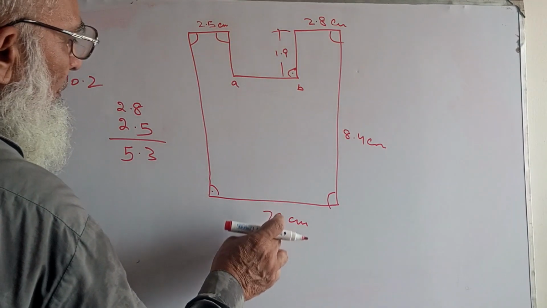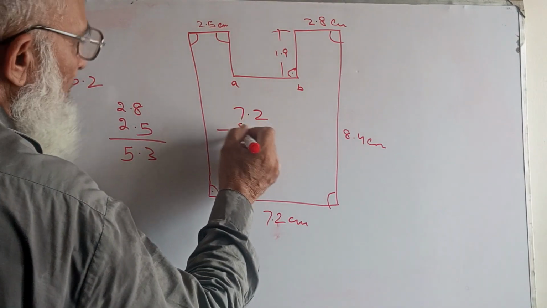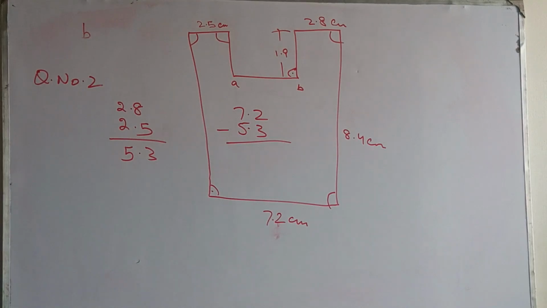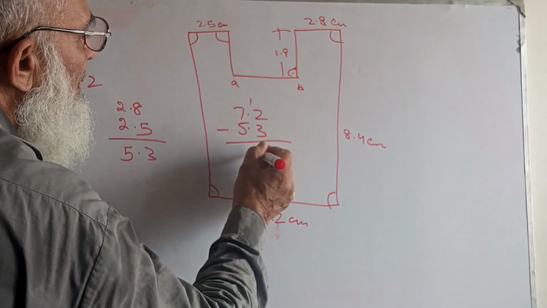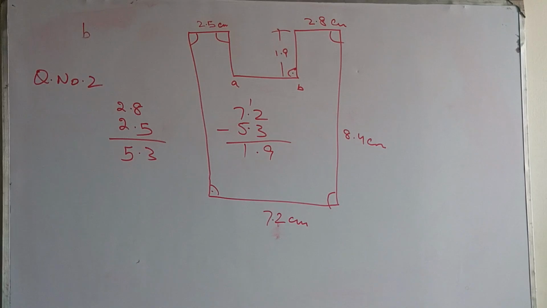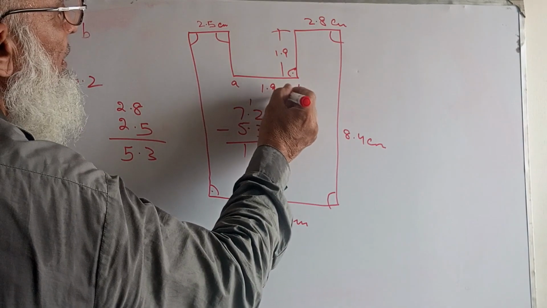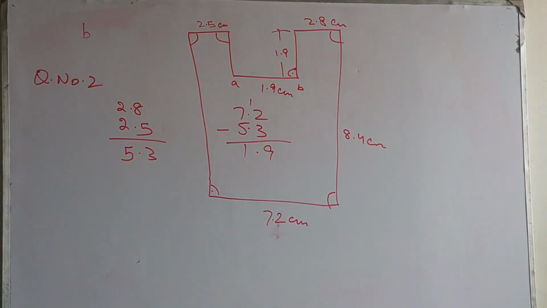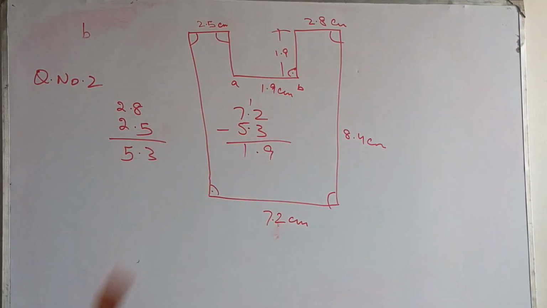So we'll take this 7.2 centimeter and subtract 5.3 from this. So from 12, it will become 9 and 6, 1.9. Now A to B is 1.9 centimeter. 12 minus 3 is 9 and 6 minus 5 is 1, 1.9.